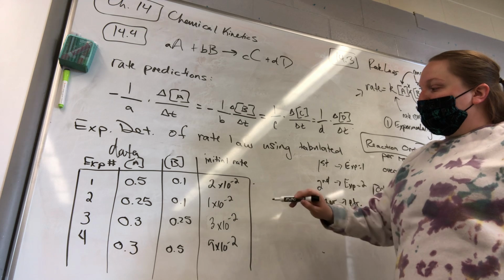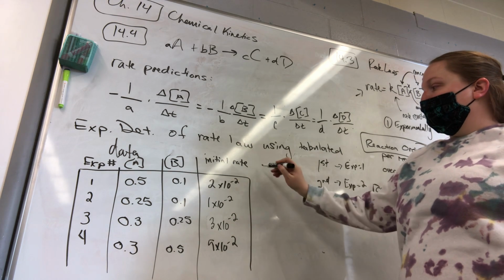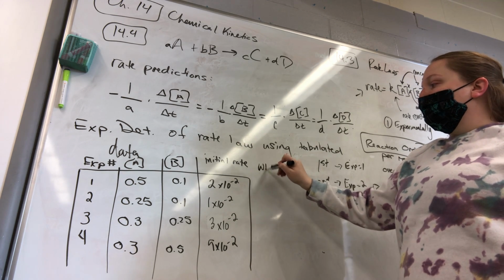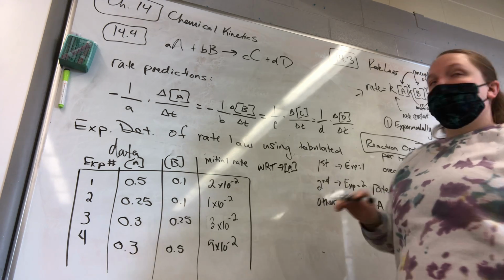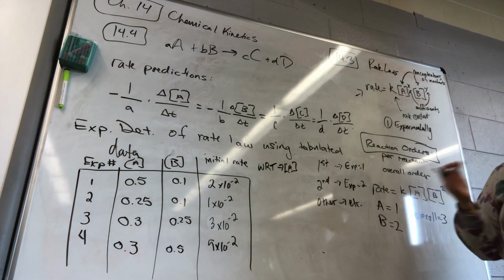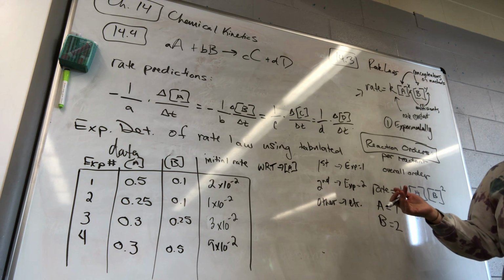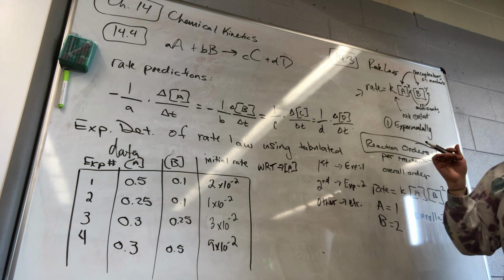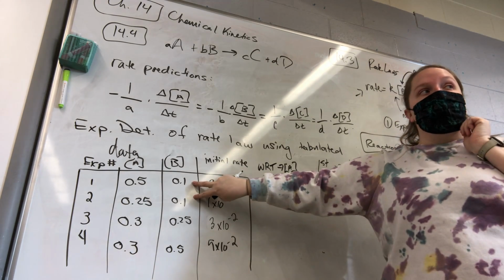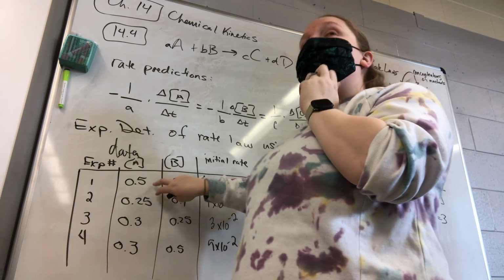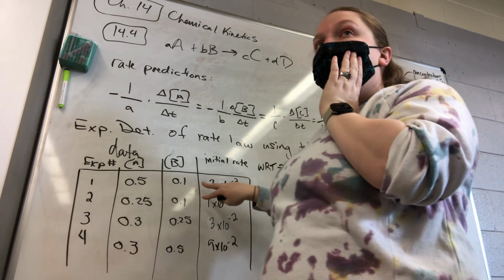All right. So when we're trying to determine the order with respect to A, what do we have to do for B? Find where B stays the same. We want to hold B the same, and we want to monitor what happens to A when we hold B the same. Okay?